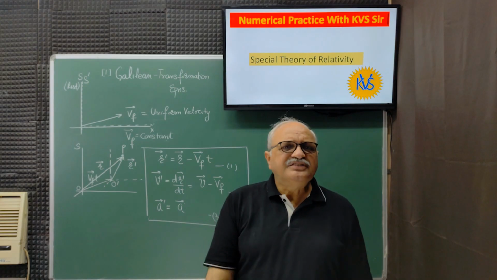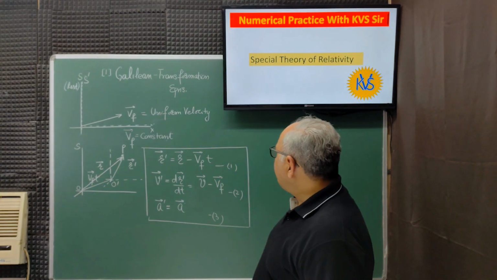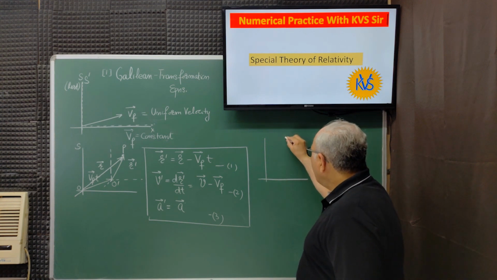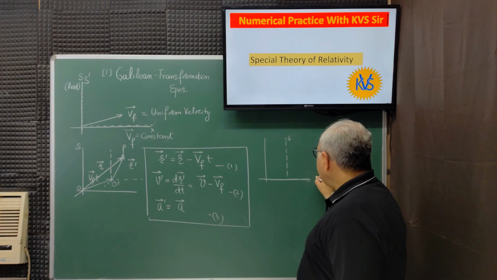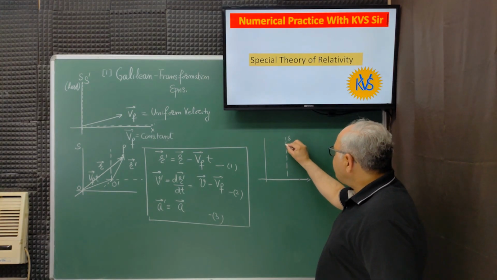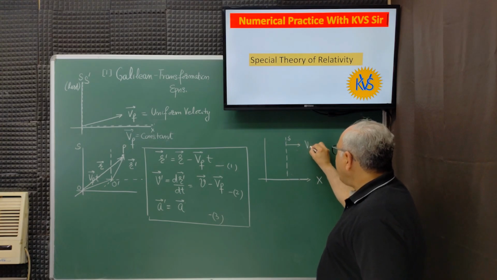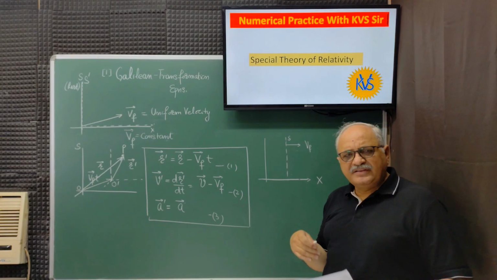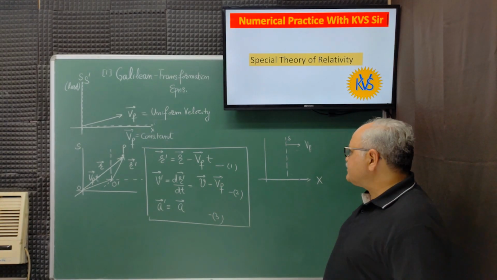For simplicity, what we do is we take the S dash frame moving only along the x-axis, say with the velocity Vf. There's no need to put a vector because we already have made the statement that this is going in the x direction.